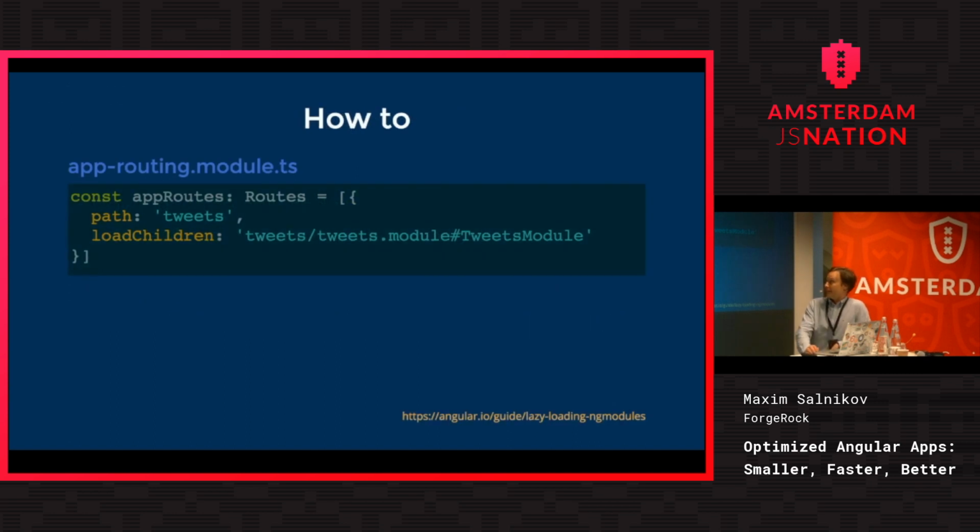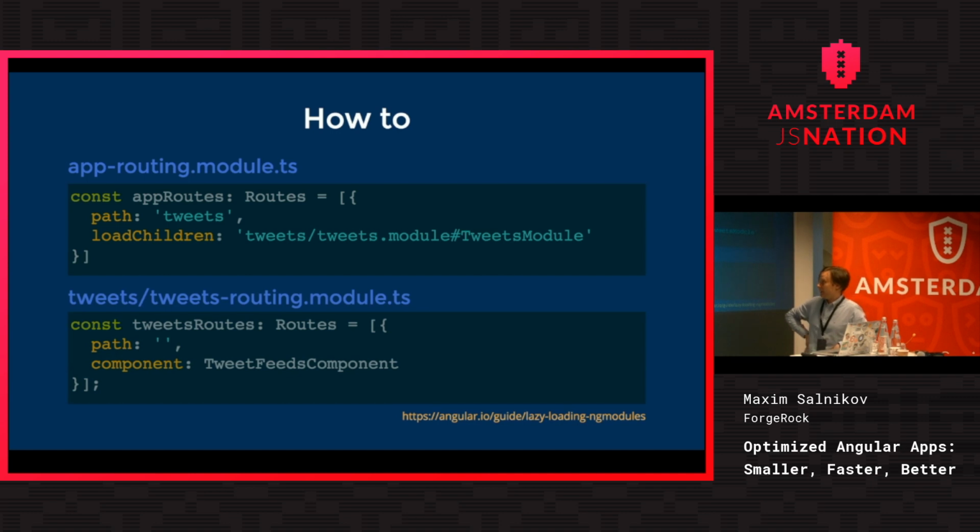How-tos. Quite simple. Instead of importing our feature module, which in my sample is the tweets module which loads the list of tweets, we just reference it in our routes as loadChildren. Quite easy.